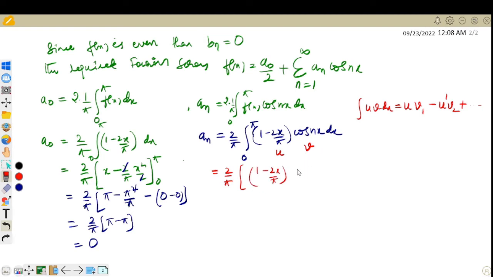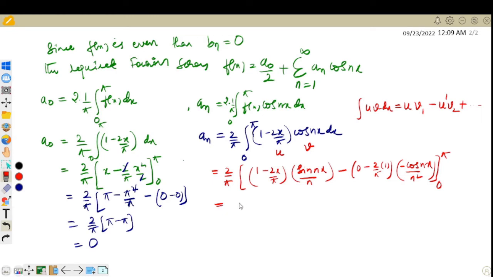Integration of cos nx is sin nx by n, minus differentiation of 1 is 0, 2 by pi is constant, x is 1. Again, integration of sin nx is minus cos nx divided by n, and since there is already one more n, it becomes 1 by n square. The next differentiation, 2 by pi, becomes 0, so we stop here itself. This is 0 to pi.